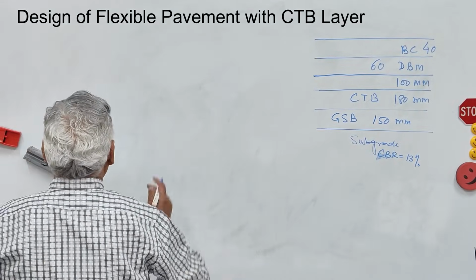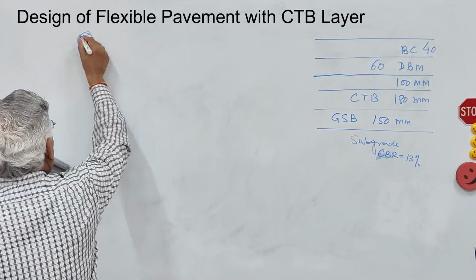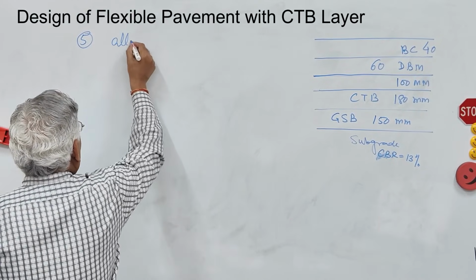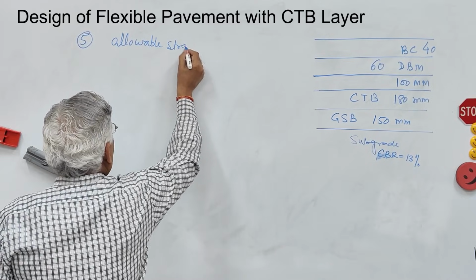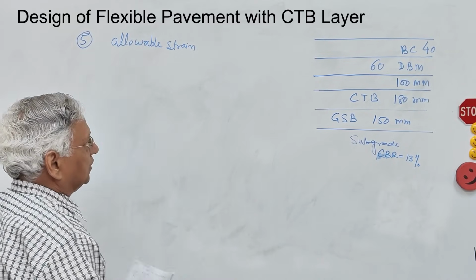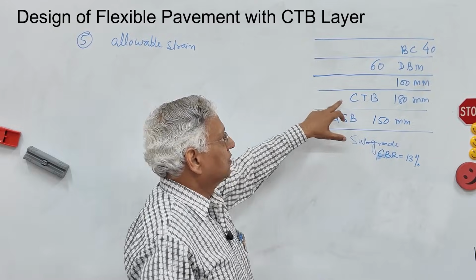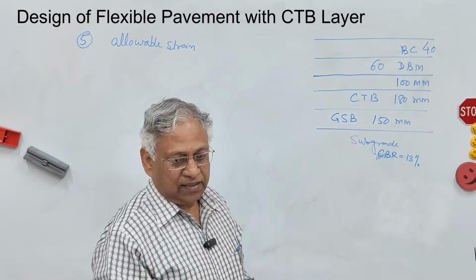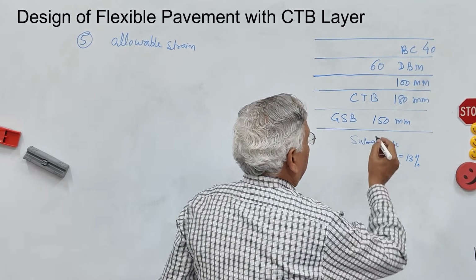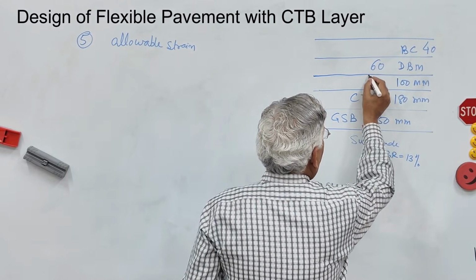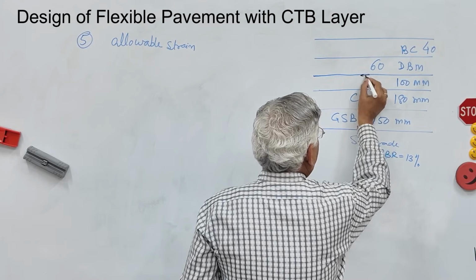Then the next step is to determine the allowable strain in each layer. Now, in the case of cement treated base, the critical locations for calculation of strain and stress are here at the bottom of the bituminous layer.